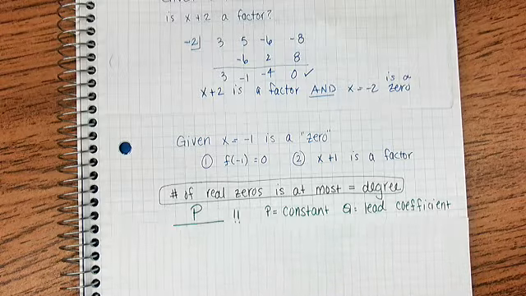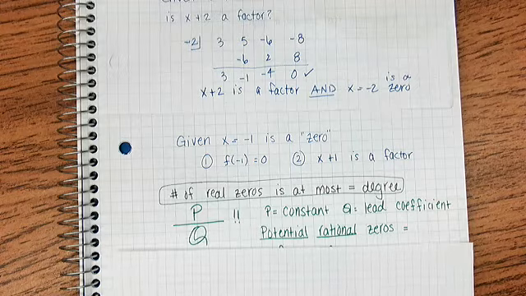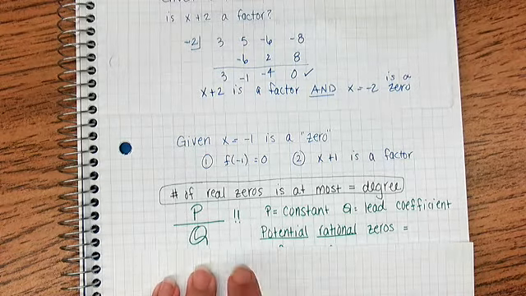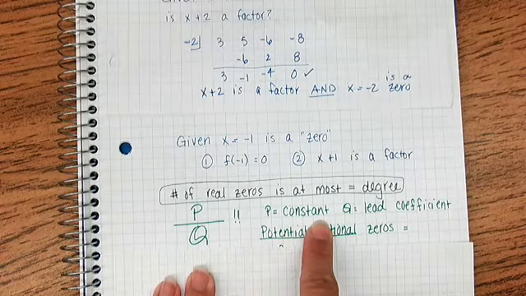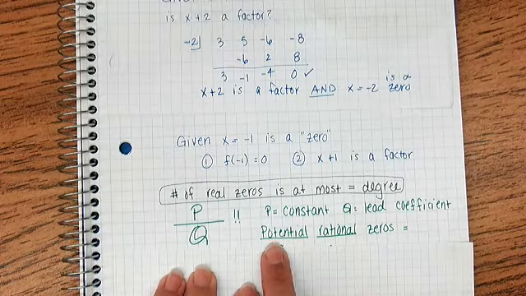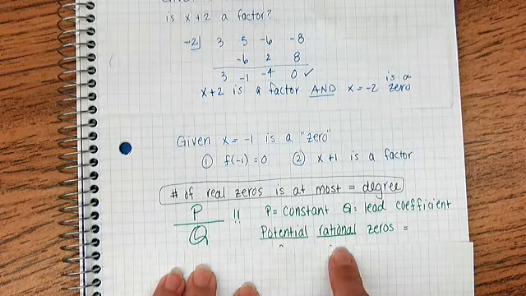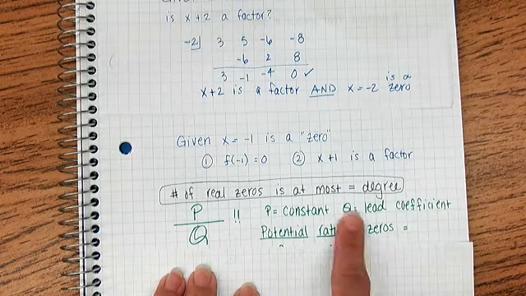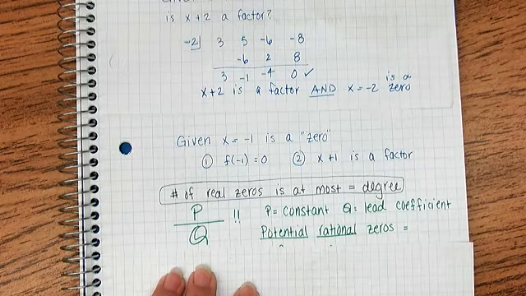All right, P over Q. That's a Q. I like making fancy Qs. P is the constant, Q is the lead coefficient, and this tells you the potential rational zeros. Square root of 2 is not a rational number.